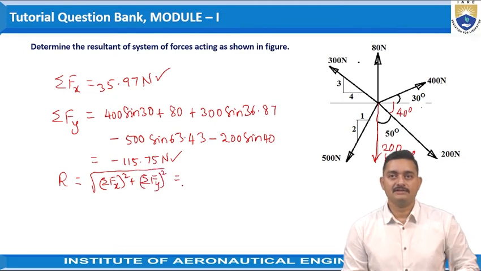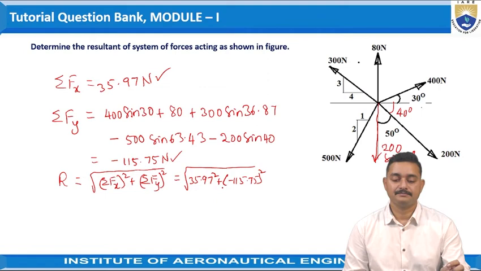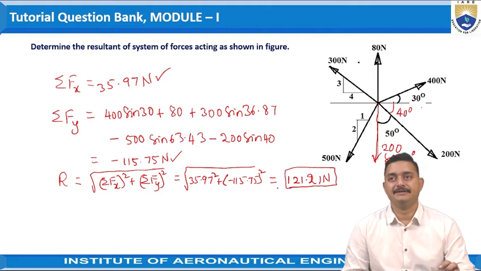So when you solve this, you get 35.97 square plus minus 115.75 square. So when you simplify this, the magnitude will be obtained as 121.21 Newtons. This is the magnitude of the resultant.